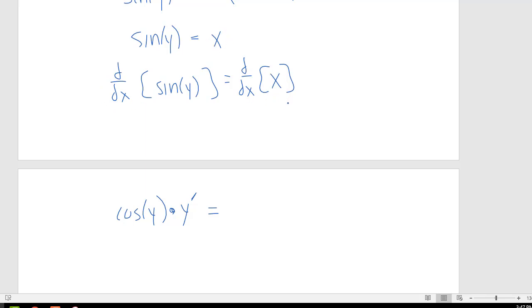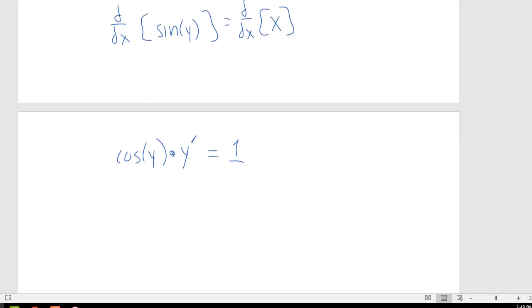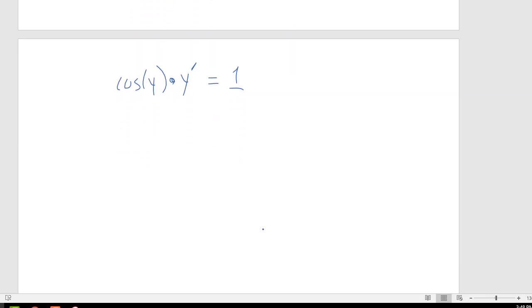My brain was working ahead of myself, because the derivative of x with respect to x is just 1. So once I've taken the derivative implicitly, I have cosine of y times y prime equals 1. What we want is y prime, so I divide by cosine of y, and there is the derivative, y prime.